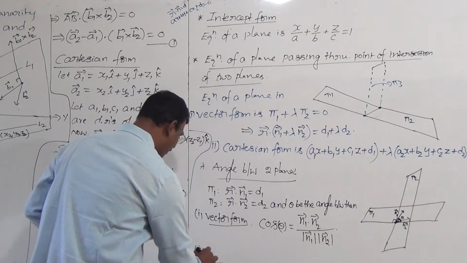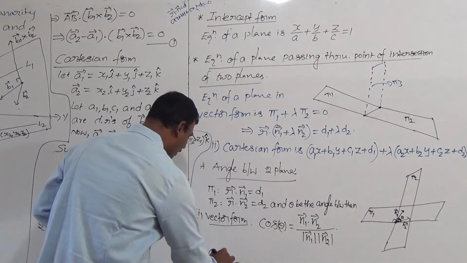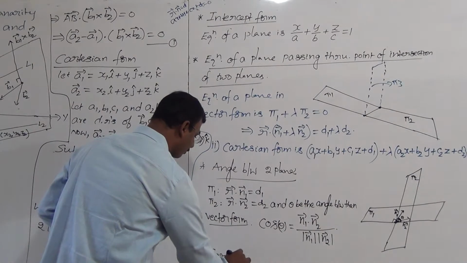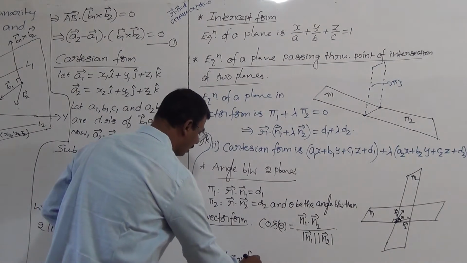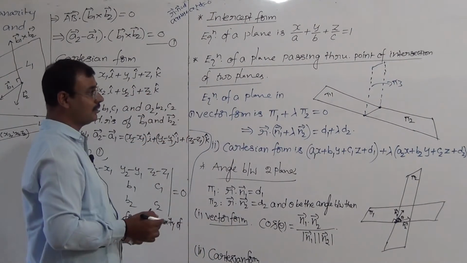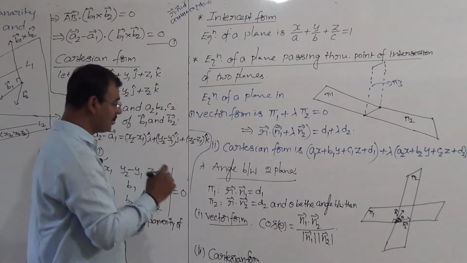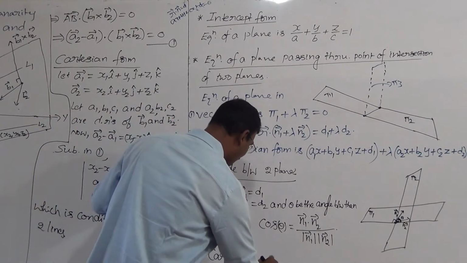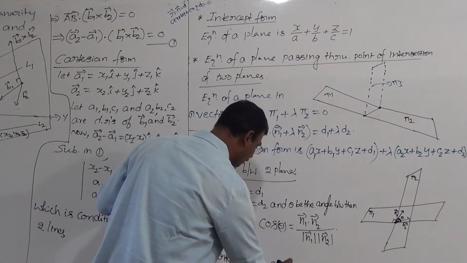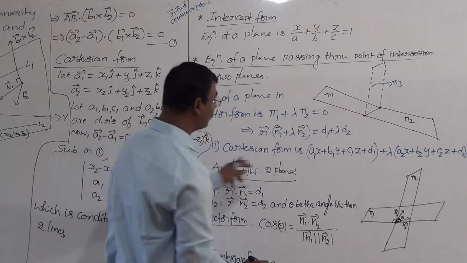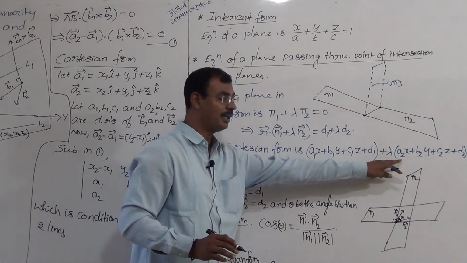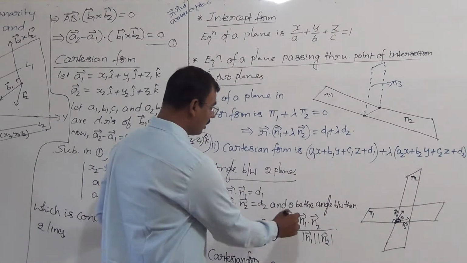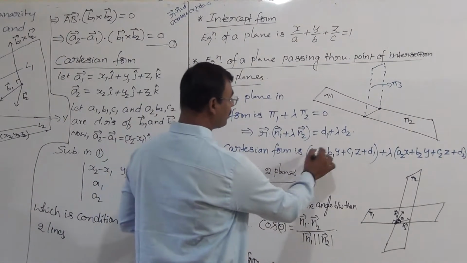In Cartesian form, what is the angle between two planes? In Cartesian form, remember, cos theta is equal to, with the two planes in Cartesian form like this, these are Cartesian plane equations. n1 vector dot n2 vector means the product value.